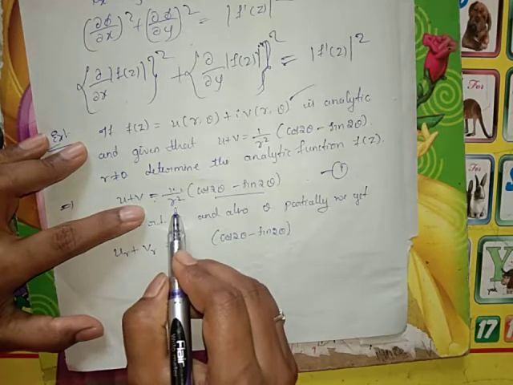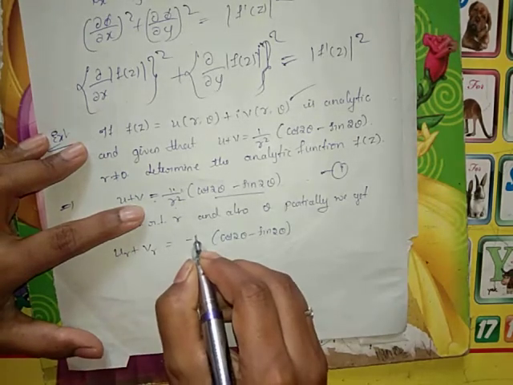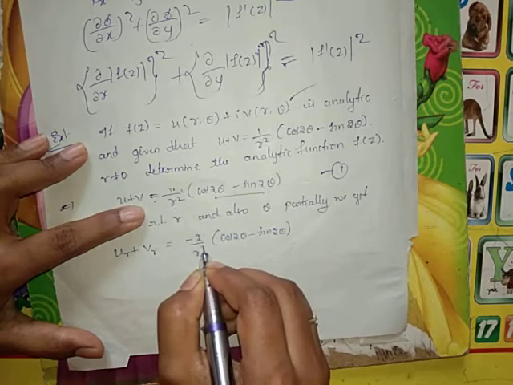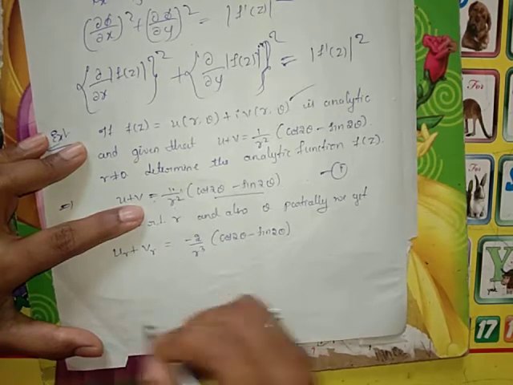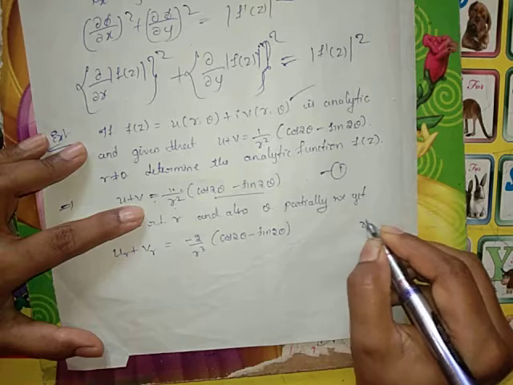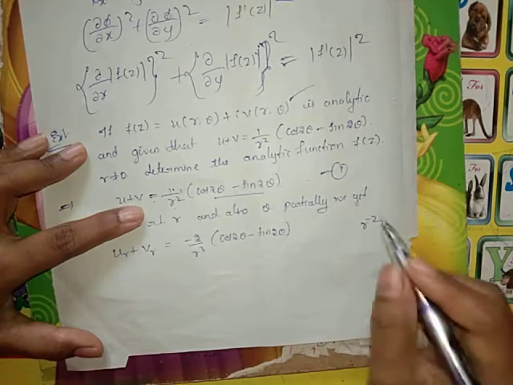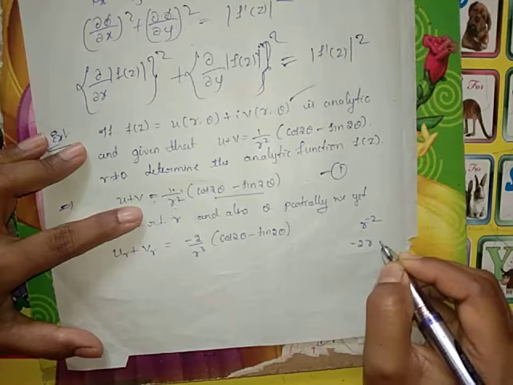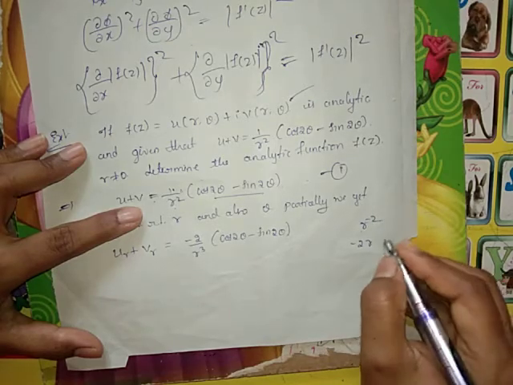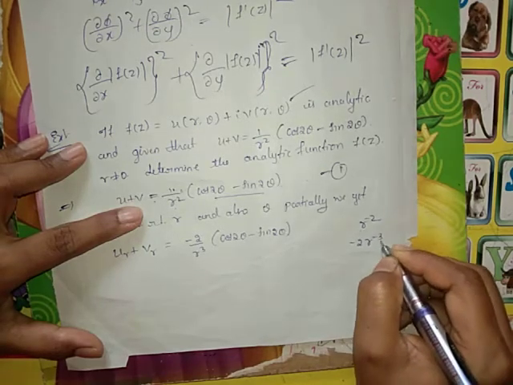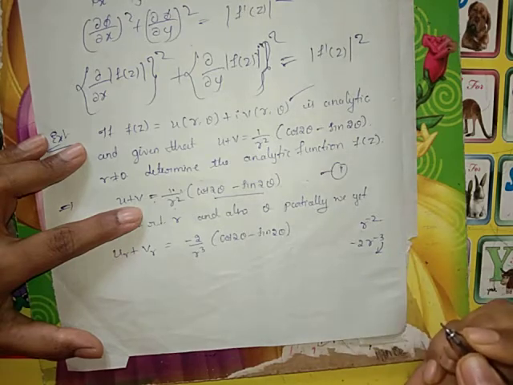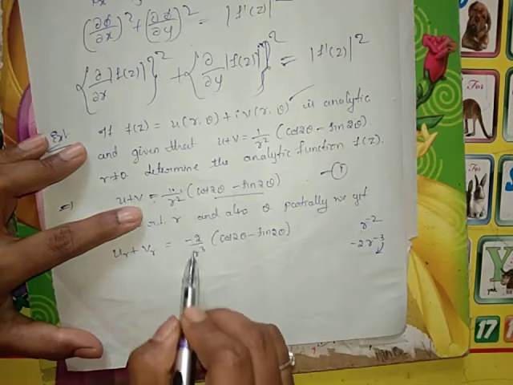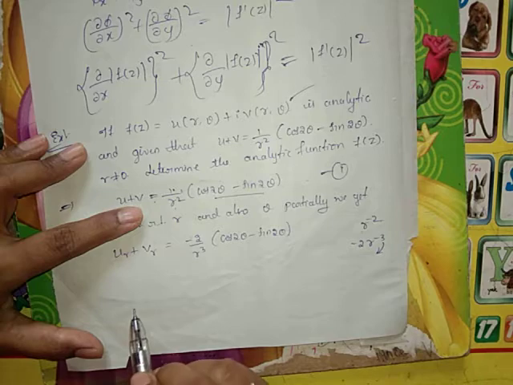Derivative of 1 by r square is minus 2 divided by r cube. Derivative of r raised to minus 2 is minus 2 into r raised to minus 2 minus 1, which becomes r raised to minus 3, taken to the denominator again. So minus 2 by r cube.